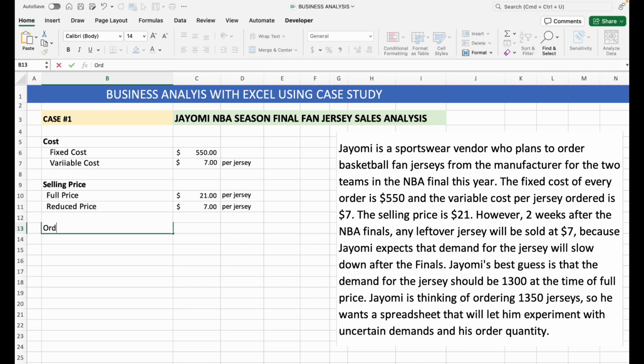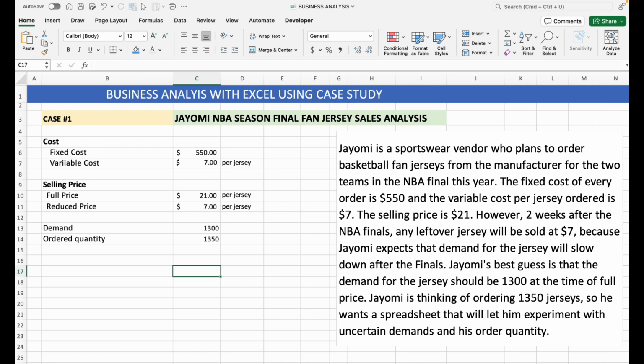He said he's expecting demand to be 1,300. Then the ordered quantity is 1,350. Yes. So those are the things we are given.